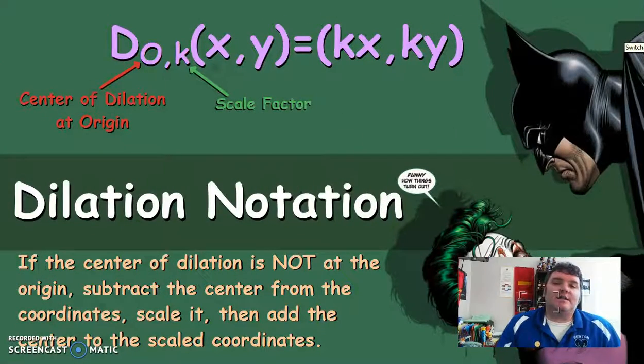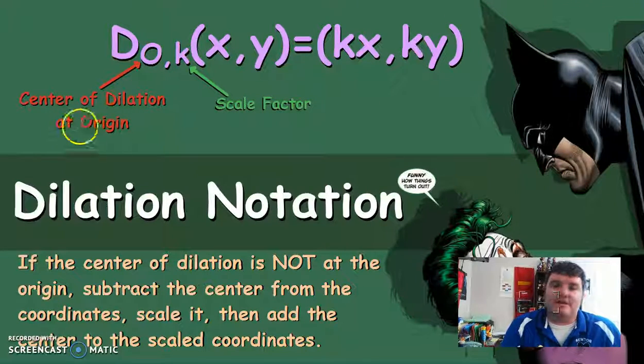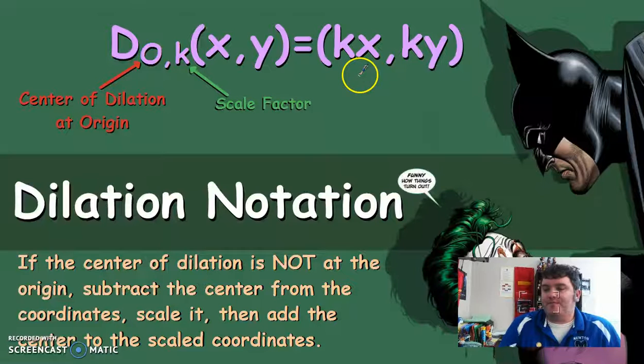Now, dilation notation. This is a very common notation. However, this notation is only dealing with a center of dilation at the origin. So D for dilation, a subscript O for origin, and then you would be given the scale factor. You would take your coordinate and just multiply the scale factor. Simple enough.